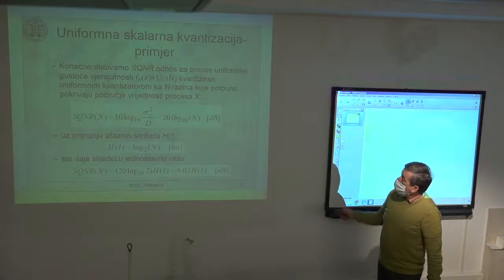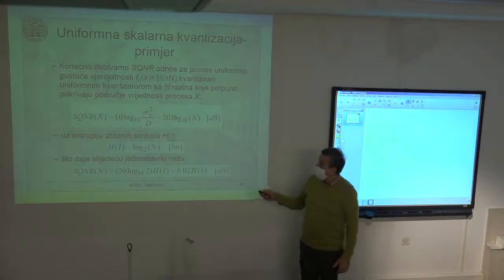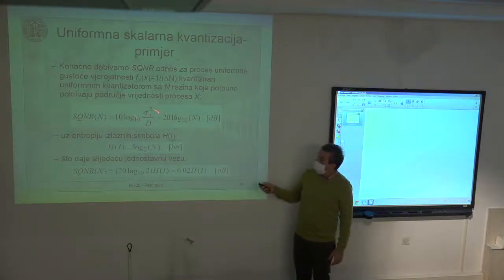That is the term that you have. So you have the variance of the signal divided by the variance of the quantization error, and this ratio is then simply N squared.